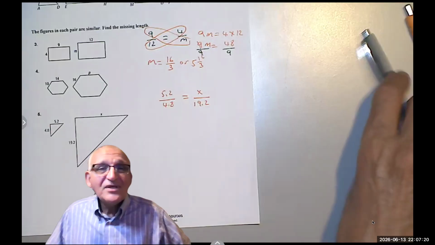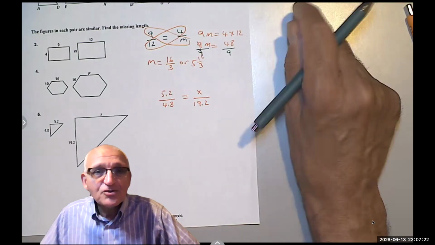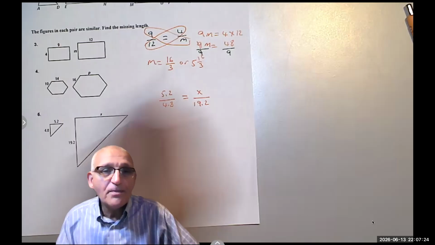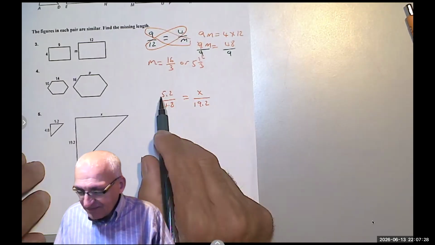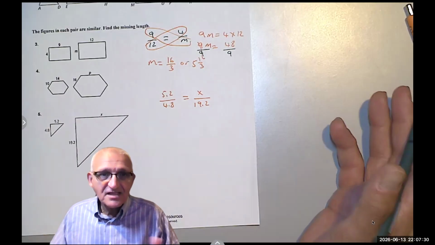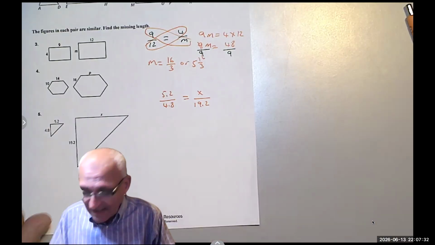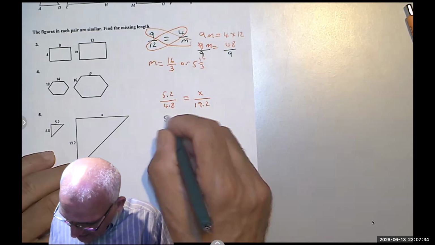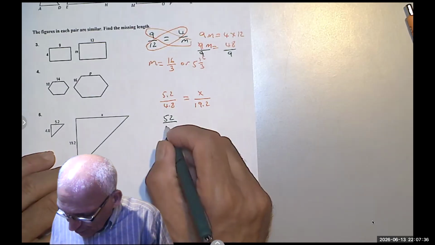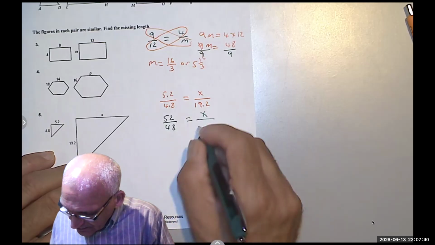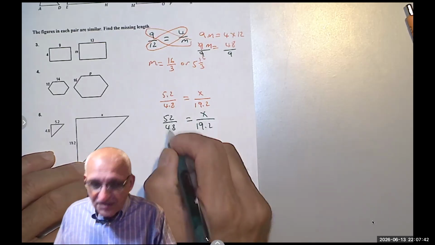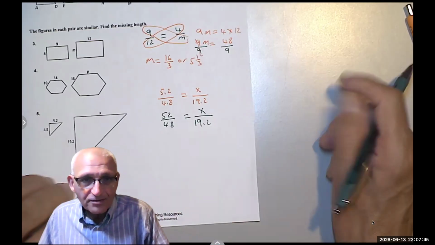When you get decimals, it's better to start by multiplying top and bottom by 10, because when you do that, you get 52 over 48 instead of using decimals. So I could have written this as 52 over 48, and I see that these two numbers are divisible by 4, right?